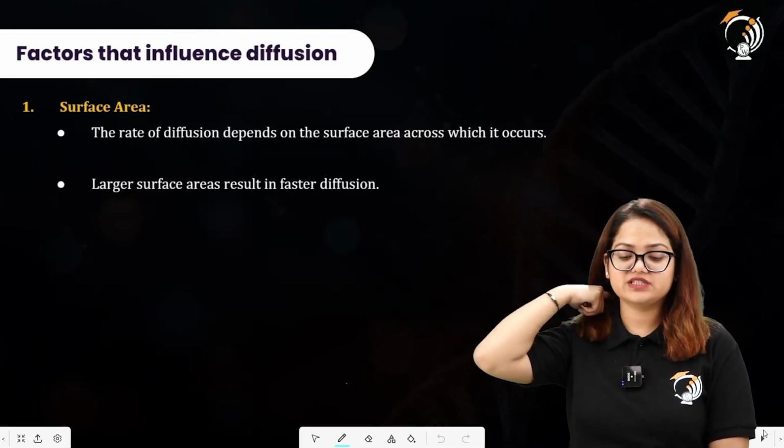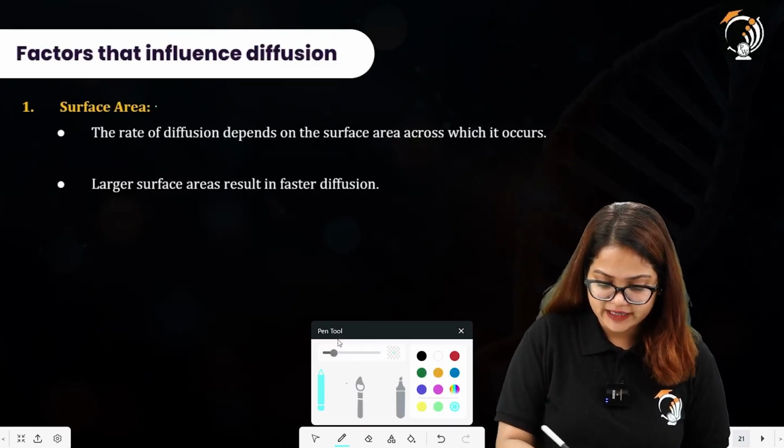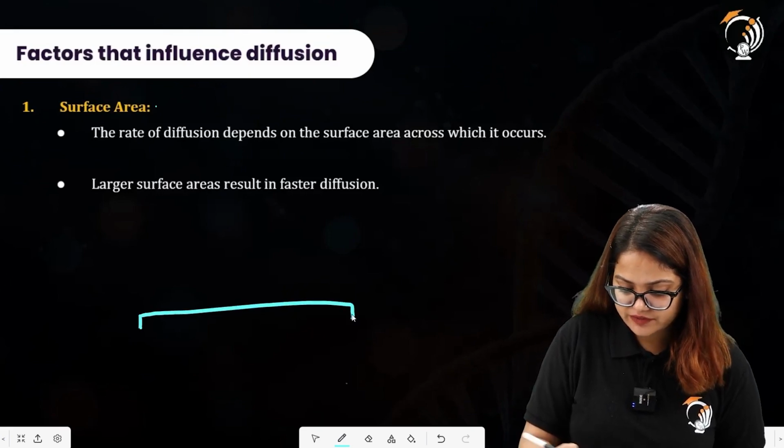So, the factors that influence diffusion, and first of all we will talk about the surface area. Let us assume that here we have this particular surface area.